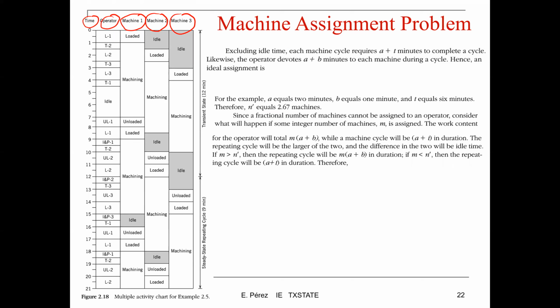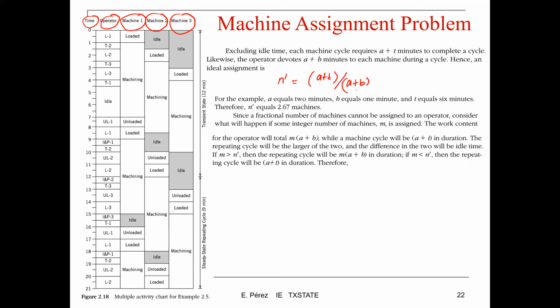Likewise, the operator devotes A plus B minutes to each machine during a cycle. Hence, an ideal assignment is given by this equation: N prime equals (A plus T) divided by (A plus B).